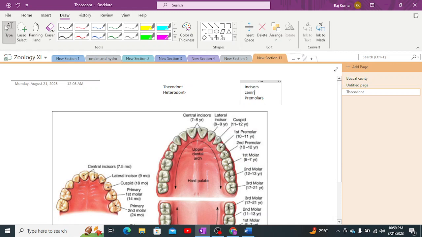We should go in sequential manner. So we have incisor, canine, premolars, and molars. These are the four types of teeth present in human teeth.